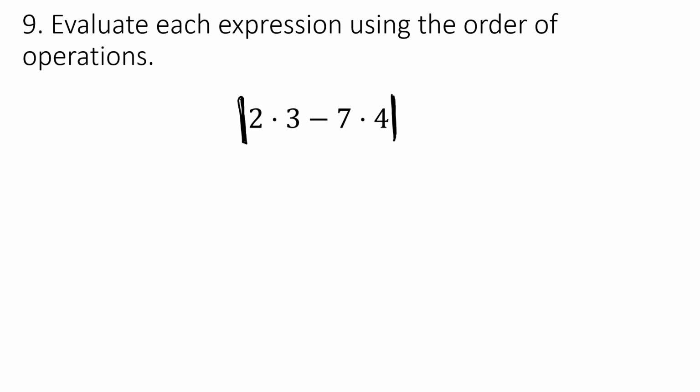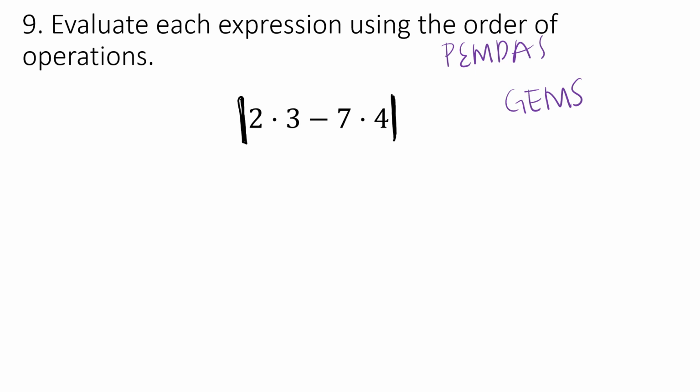Whether you want to use PEMDAS or GEMS is totally up to you, whichever way you prefer to think about it. I'm going to use PEMDAS just because that's what I'm most comfortable with. So I'm going to start by doing my grouping. I'm thinking of an absolute value here as a grouping, so I'm just going to do everything inside the absolute value first.